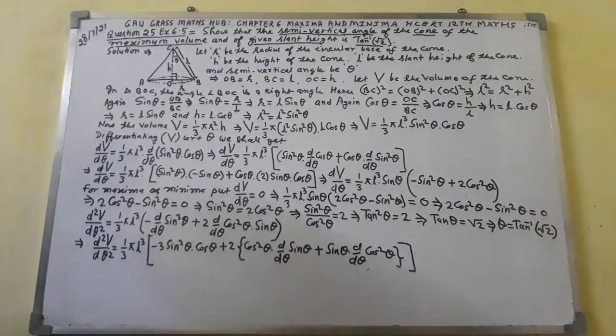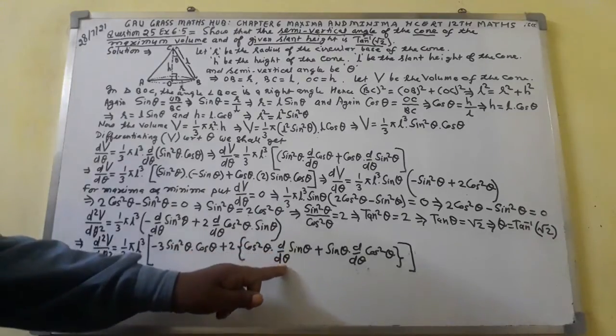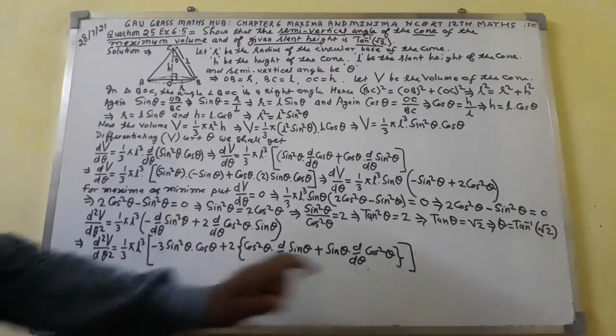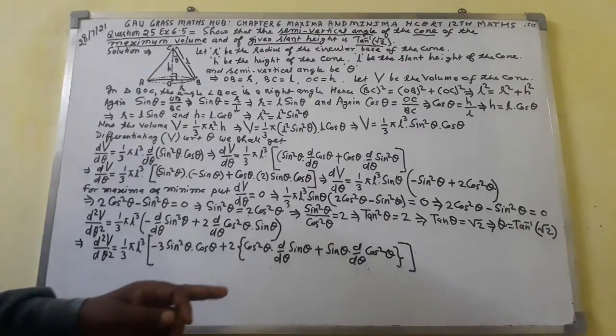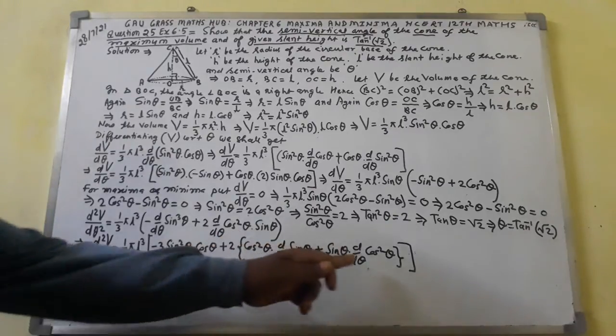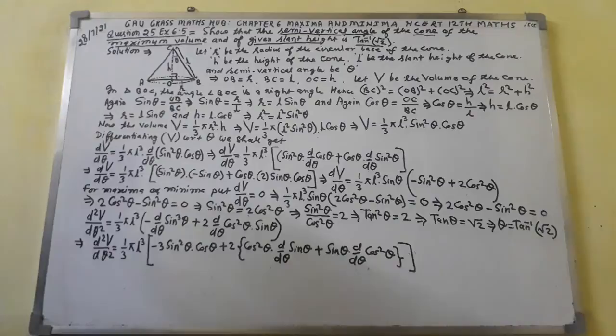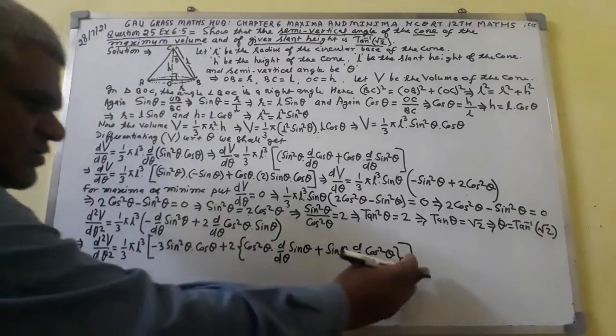This thing is said right. First function I take it, first order derivative of second function plus second function as it is, and first order derivative of first function cos square theta. Now let's simplify further.